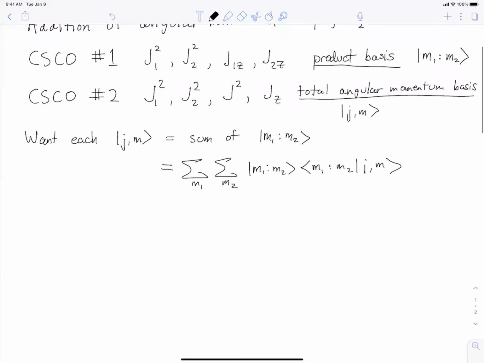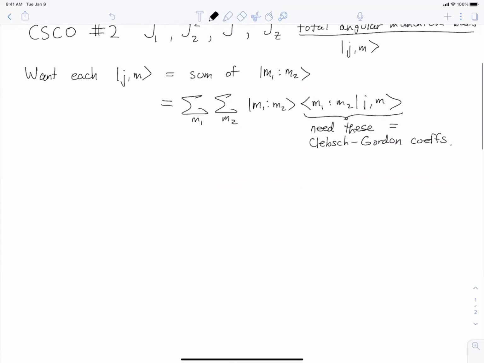Okay, and so what we need are these matrix elements. And those are called Clebsch-Gordan coefficients. Okay, so that's the general task.